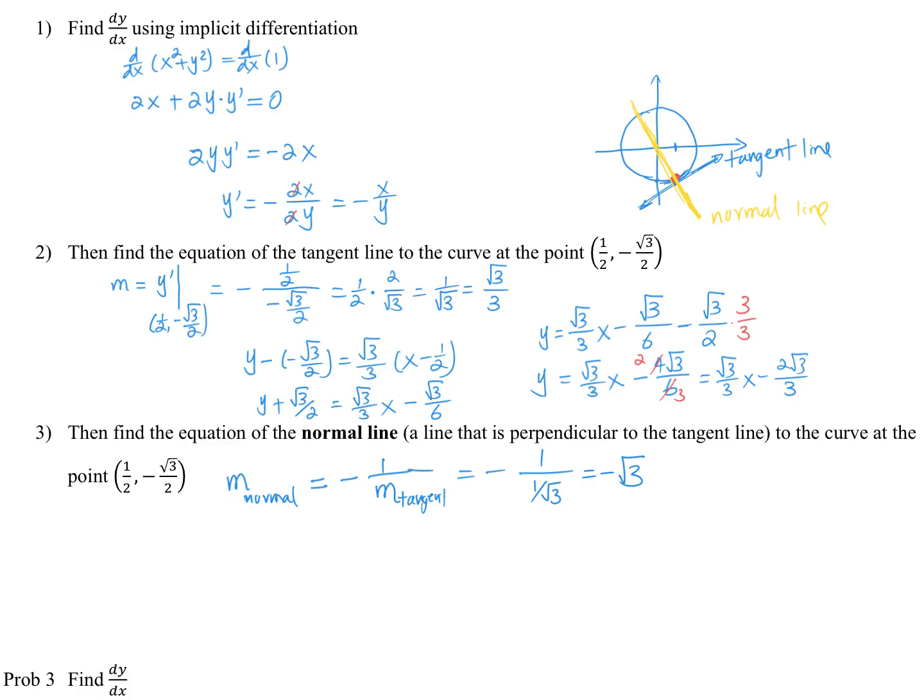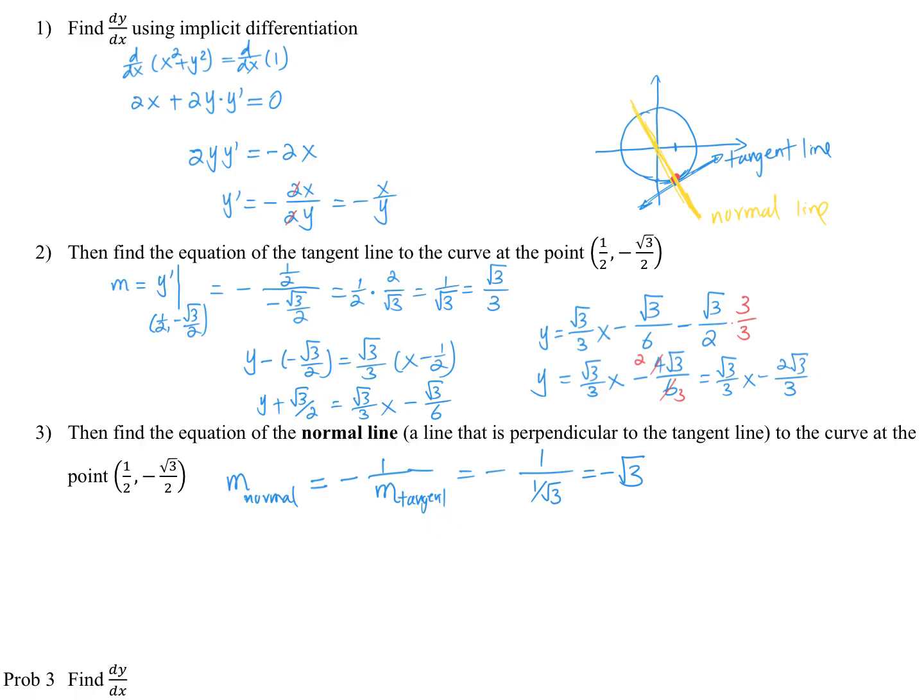And therefore, the equation of this normal line will be y minus negative root 3 over 2 equals negative square root of 3 times x minus 1/2. Then we have y plus root 3 over 2 equals negative square root of 3x plus root 3 over 2.